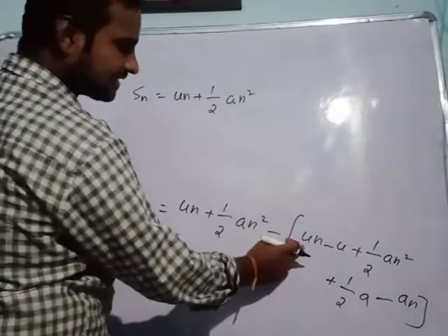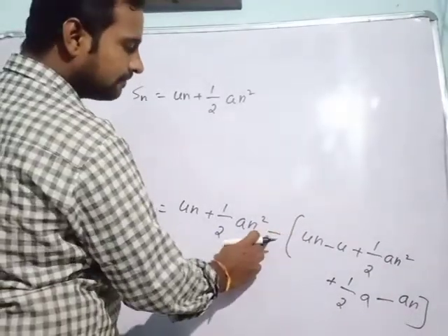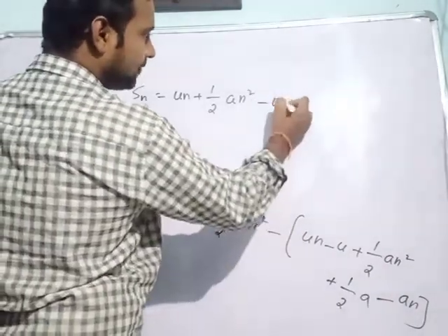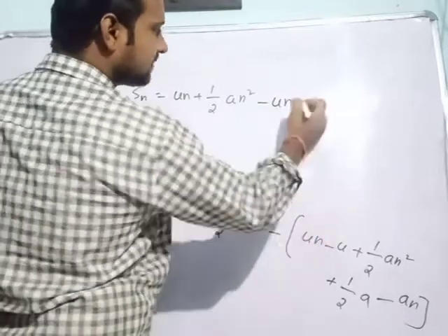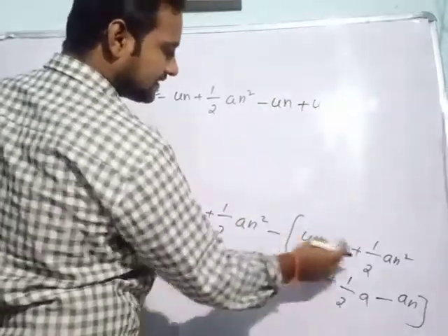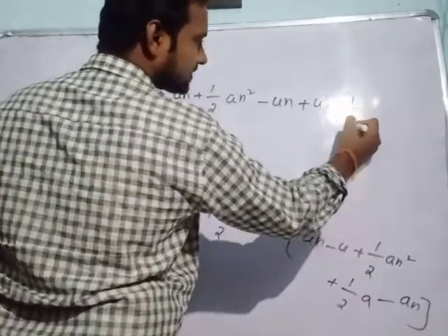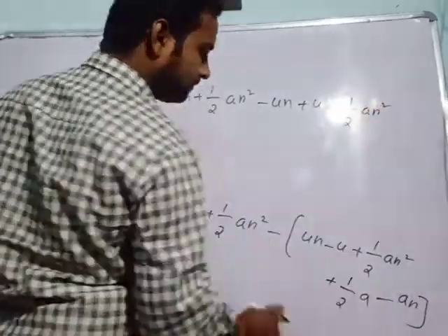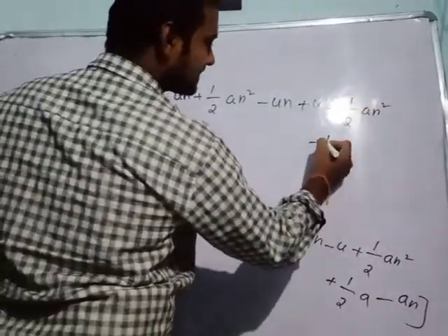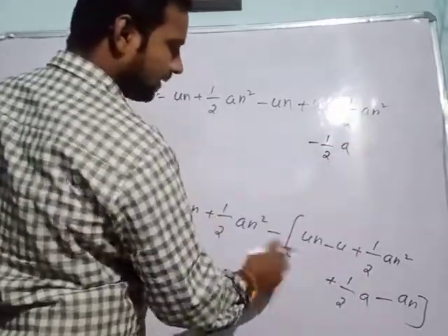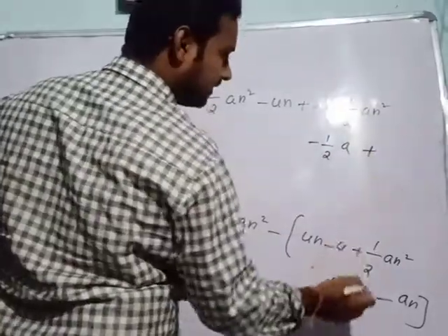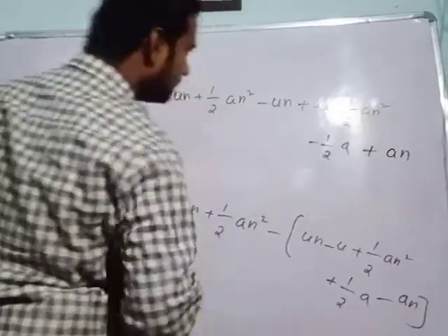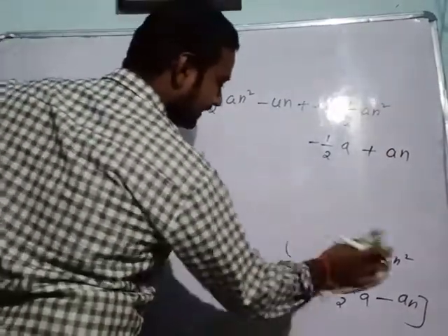So minus into first term, minus into plus is minus un, minus into minus is plus u, minus into plus is minus half an square, minus into plus is minus half a, minus into minus is plus an. So now simplify this equation, then we get the answer.